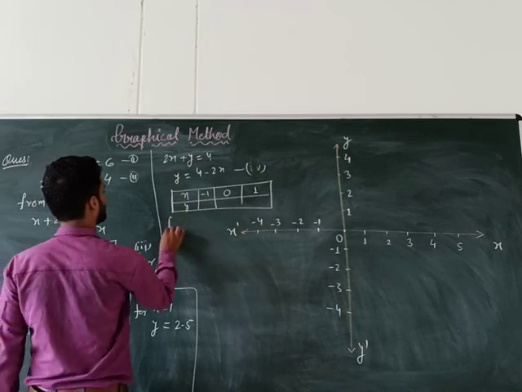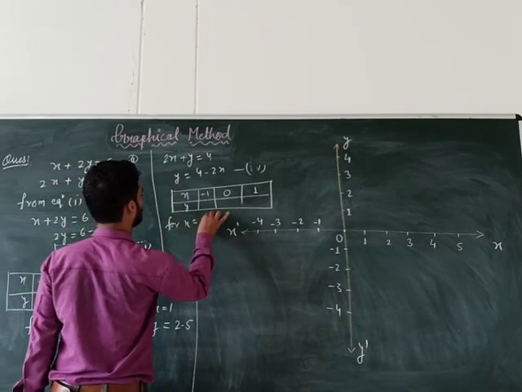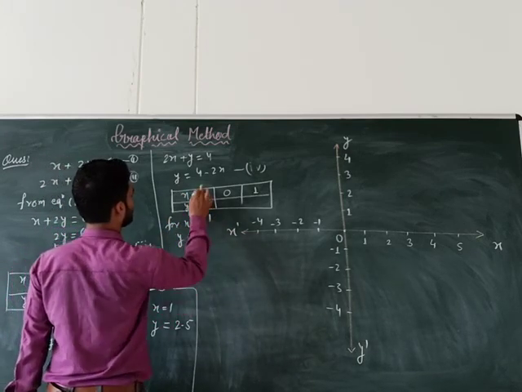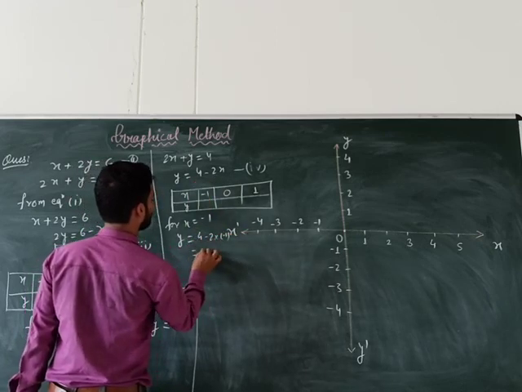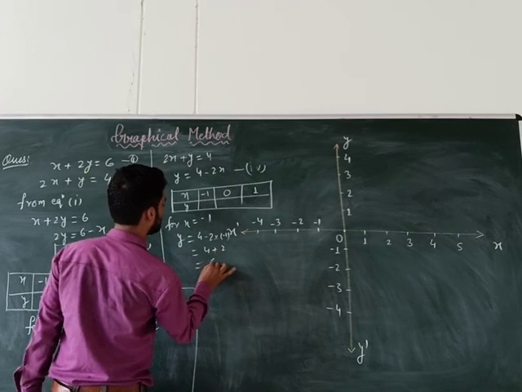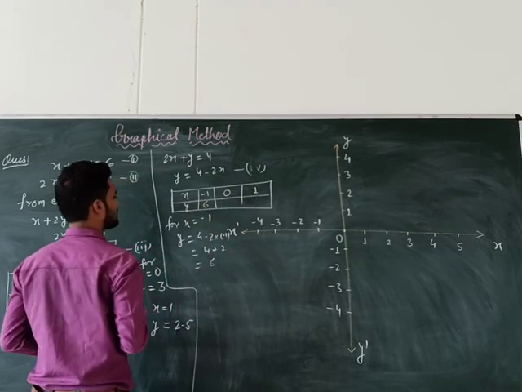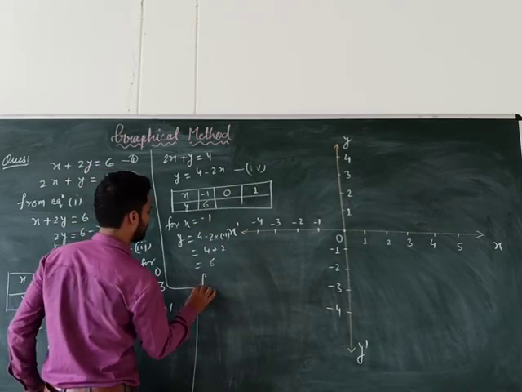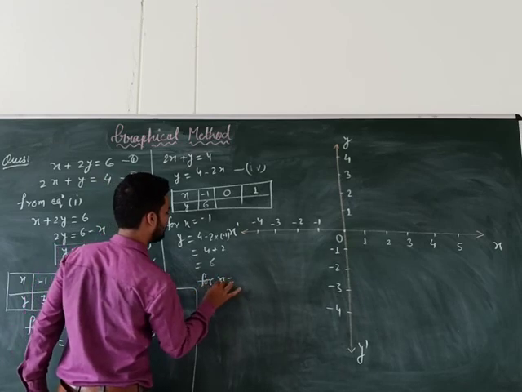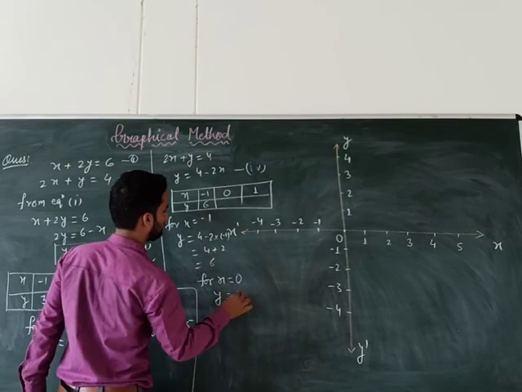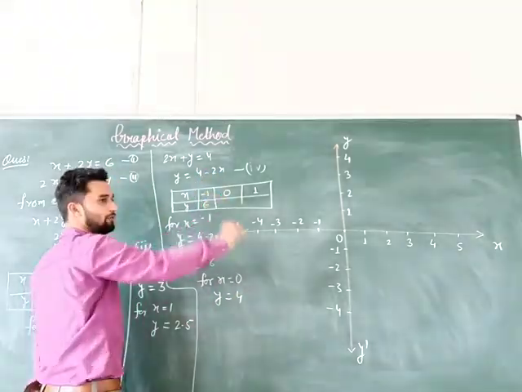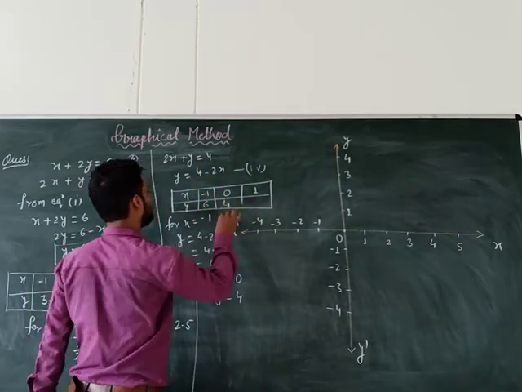So now for x equal to minus 1, y will be, look at here, 4 minus 2 into minus 1, then this will be 4 plus 2, that is 6. This is coming 6. And now for x equal to 0, y will be 4, because 2 into 0 will be 0 and 4 minus 0 is what? 4.